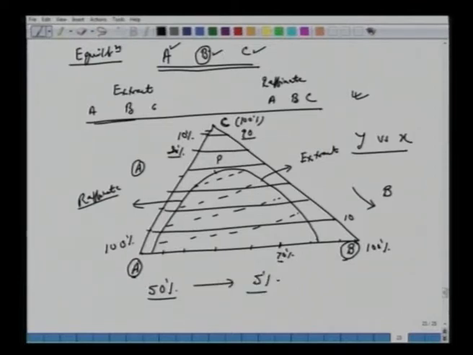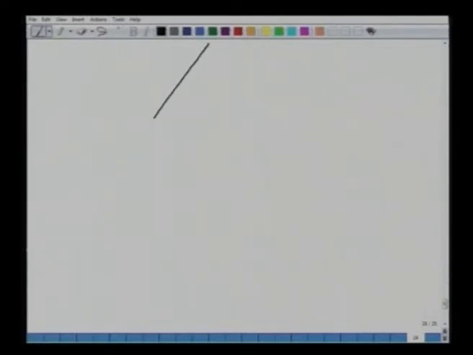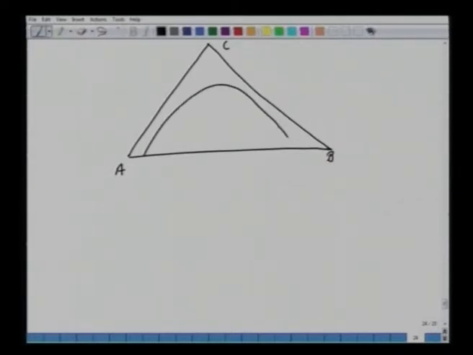Okay, so let's again replot this phase diagram qualitatively. C, A, B, we have this phase diagram. So feed, let's mark the first point.